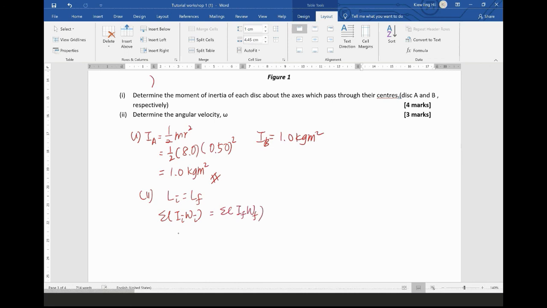Since we have two disks, I_A omega_A initial plus I_B omega_B initial equals I_A omega_A final plus I_B omega_B final.